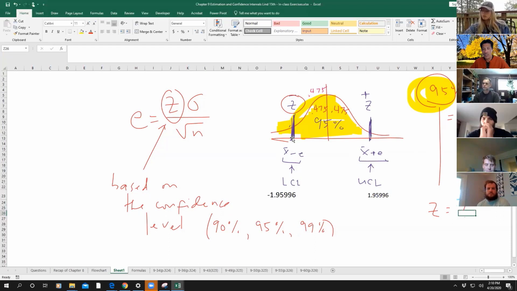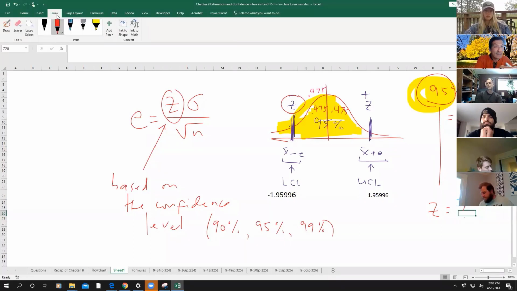So if you want to find the z-score such that the area between the middle and the lower limit, what we need to do is to obtain the tail end area, if we were using the norm.s.inv function, okay? Thank you.